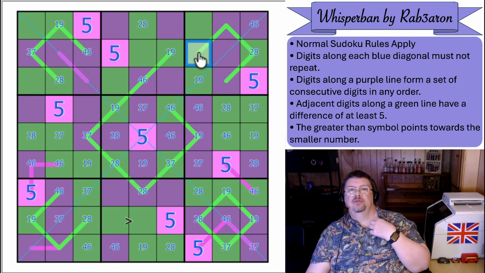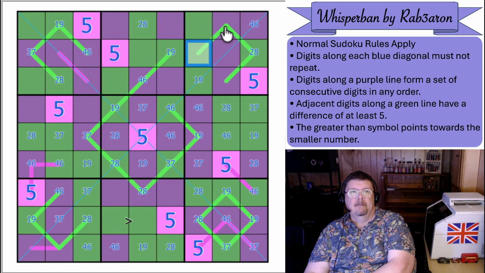Right, if this is 4, 6, then that is purple 1, 9. So that's purple 1, 9.